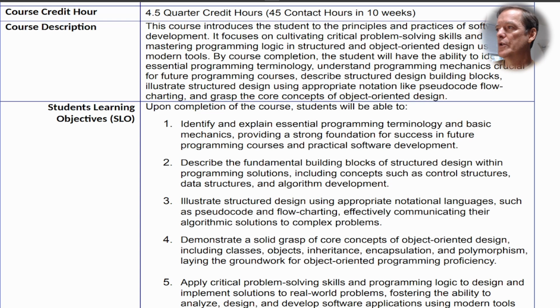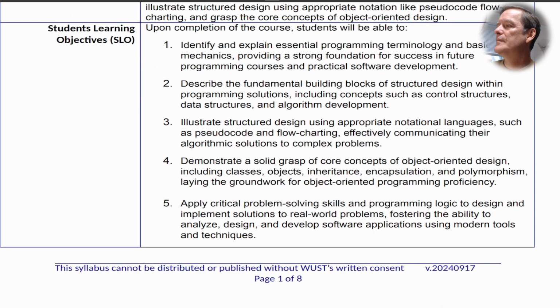So what are we going to learn here? These I will go over in a little more detail. All right, programming terminology, basic mechanics. That is, how does a program run? How do you build a program? What's the source code? What's the compiled code? The building blocks of structured design of software.